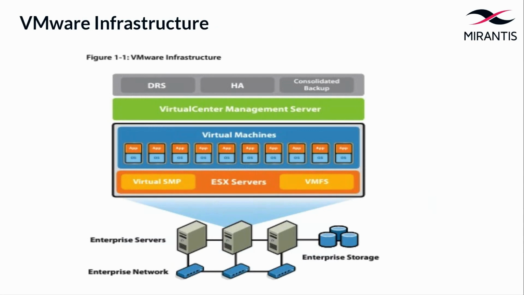So let's take a look a little bit at how VMware structures its infrastructure for you. As you can see, there are the physical servers at the bottom with some kind of enterprise storage and enterprise network. They're really not concerned with that because they ride on top of the operating system that you have.